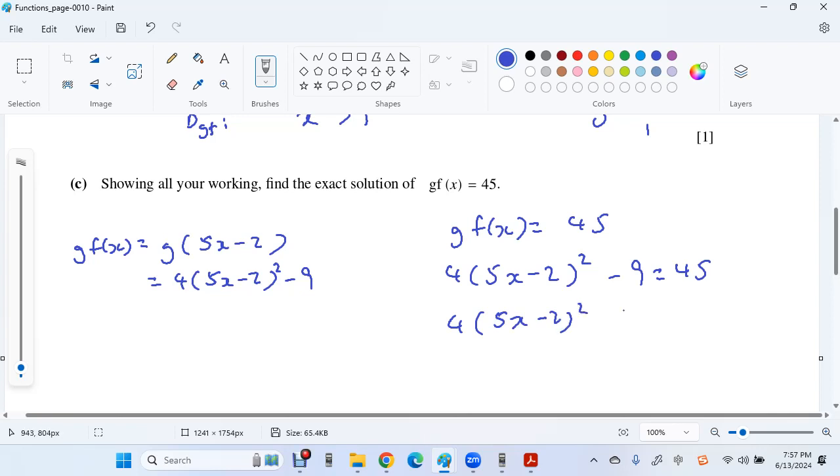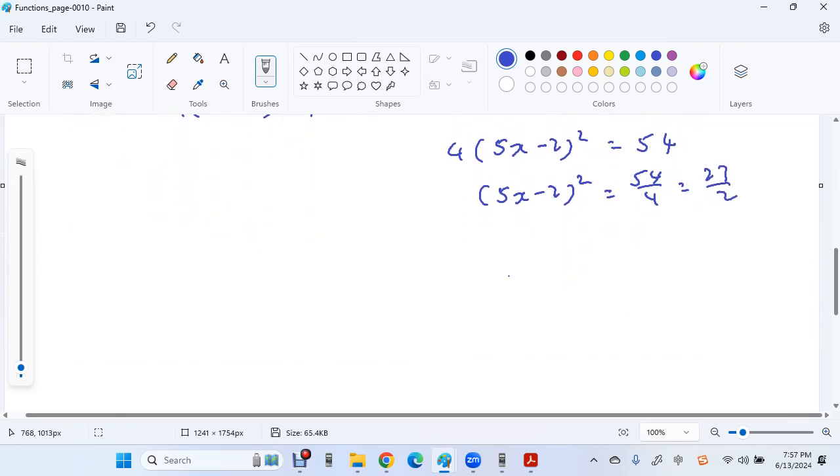So 4(5x minus 2) squared equals 54, and then (5x minus 2) squared will be 54 over 4, which is 27 over 2. So 5x minus 2 will be plus minus the square root of 27 over 2, but x will be greater than 0. So 5x minus 2 is 3 square root 3 over square root 2.